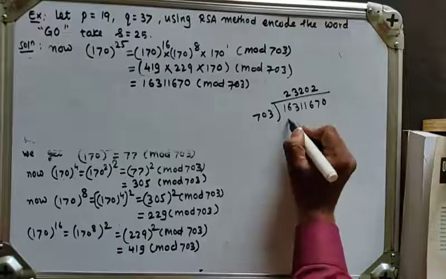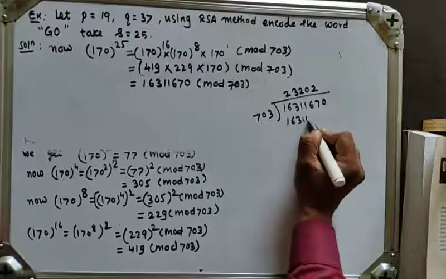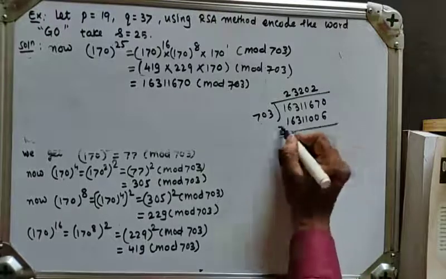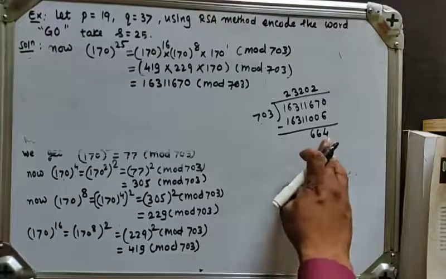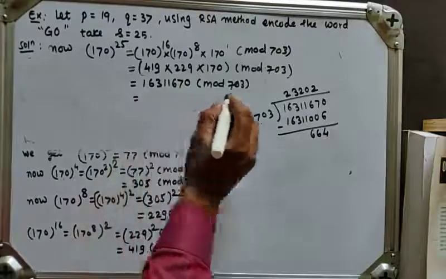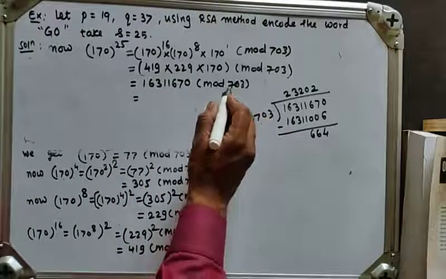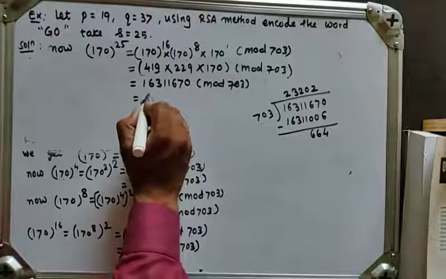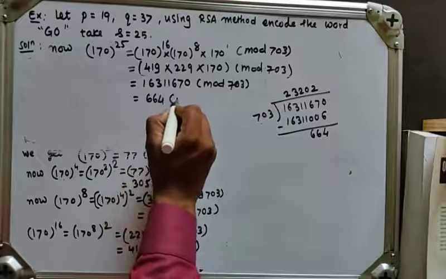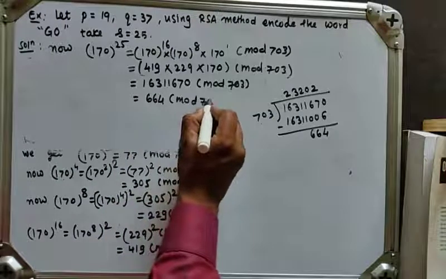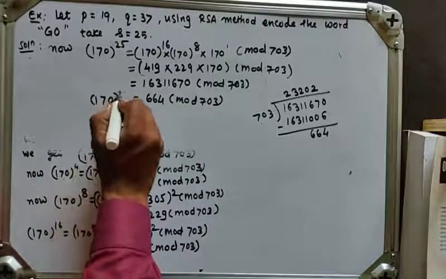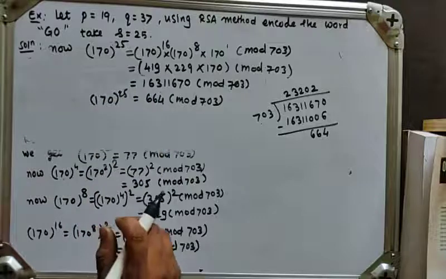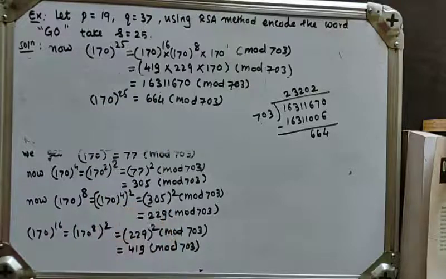Multiplying this, we get 1631106. After taking the subtraction, we get 664, which is the remainder when divided by 703. So 664 is the code word of GO. This is 170 raised to 25. Hence the number 664 is the encoded version of GO.